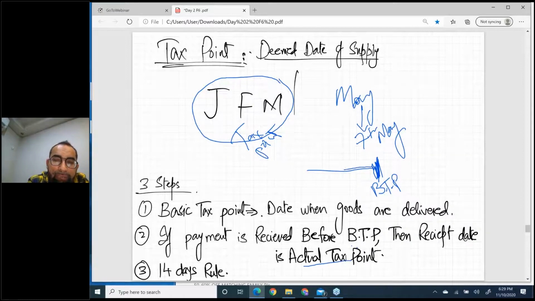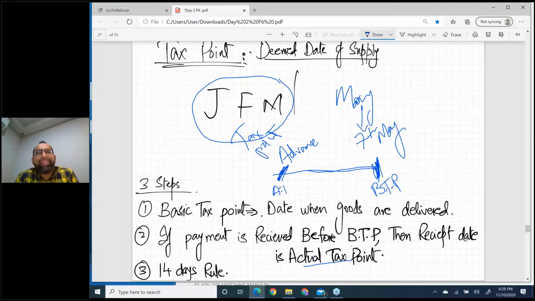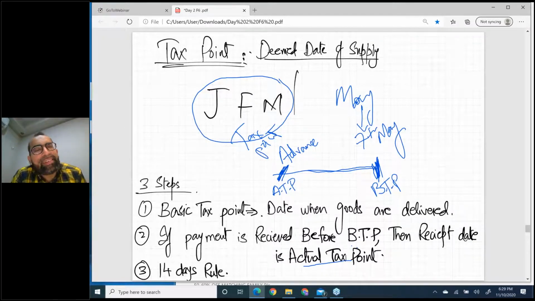For example, if you have received advance payment here, then for this advance payment, your ATP is the date advance received. ATP, your actual tax point, is the date when you receive the advance payment.